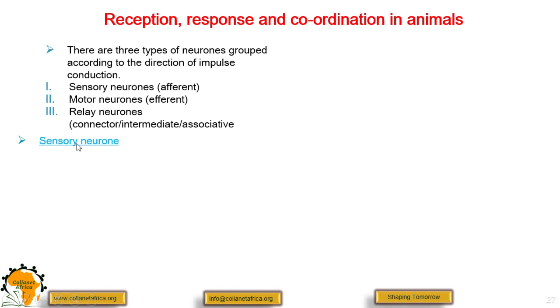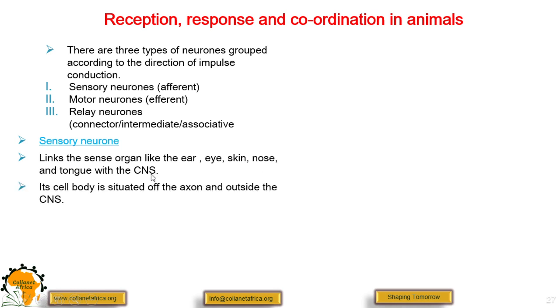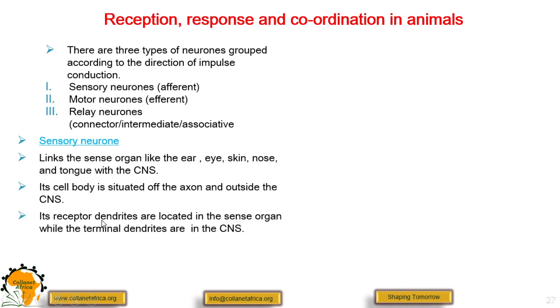Let us first begin with the sensory neuron. This one connects sense organs like the ear, the eye, skin, nose, and the tongue with the central nervous system. The cell body is located away from the axon and outside the central nervous system.